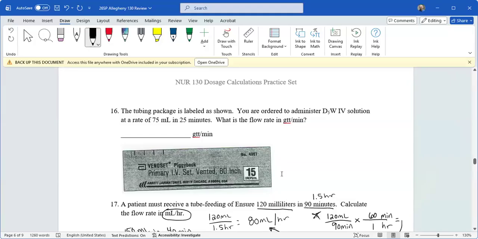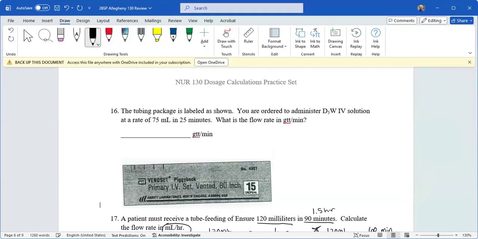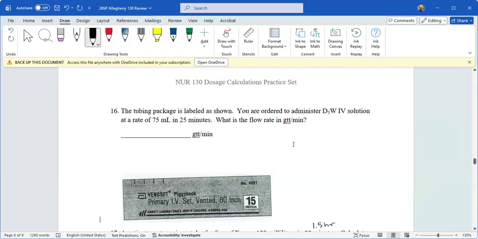What's happening with drop rate is we're manipulating flow rate in order to get a different volume and a different time. With drop rate, we're looking for drops per minute. So how do I get to drops per minute?